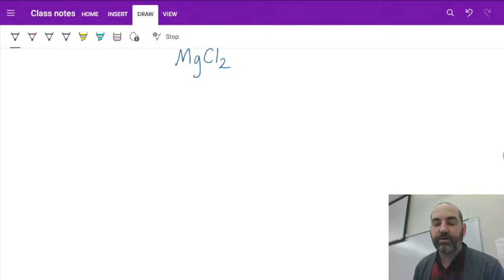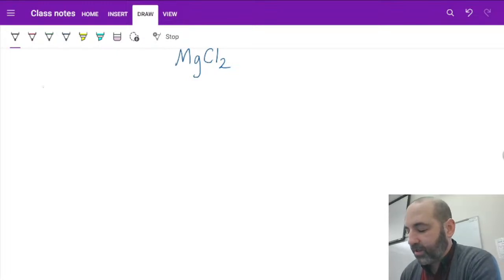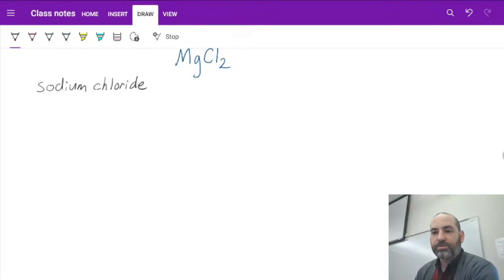So one thing that we can do now is I could give you a name of an ionic compound, and you could maybe figure out how to put that together in a formula if I gave you the particles. So let's look at the ionic compound sodium chloride. All right, sodium chloride is going to be made up of sodium ions, which is Na+1, and chloride ions, which is Cl-.